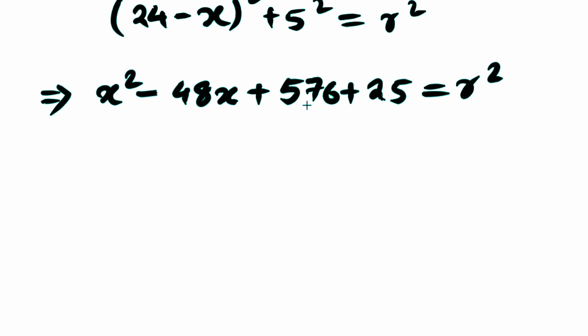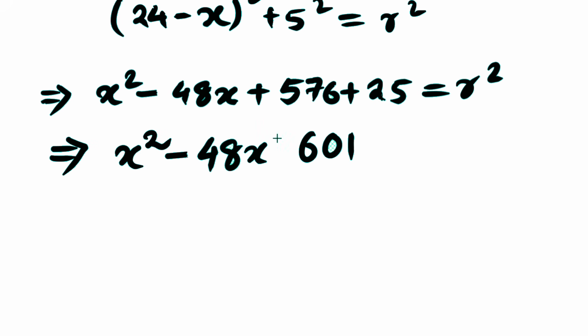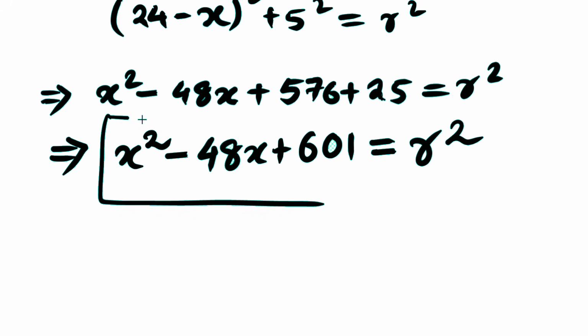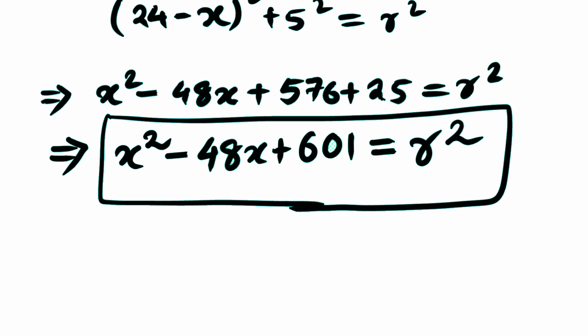Now combine the constant terms. 576 plus 25 is 601. Therefore, we get x squared minus 48x plus 601 equals r squared. Keep that equation in mind because we're going to use it in just a moment.